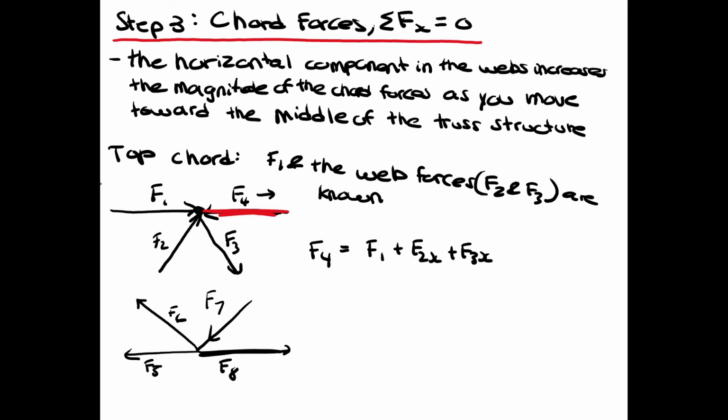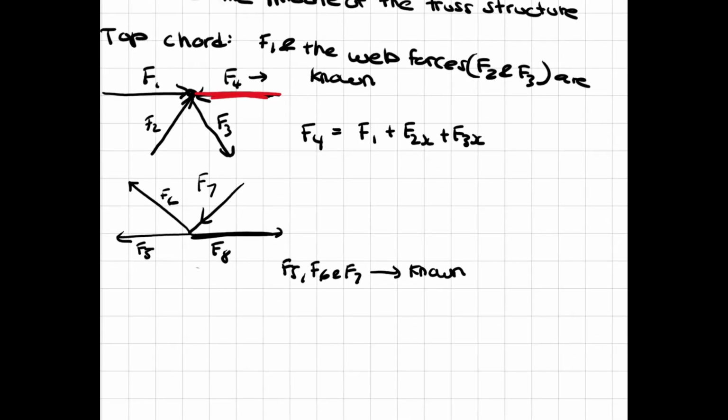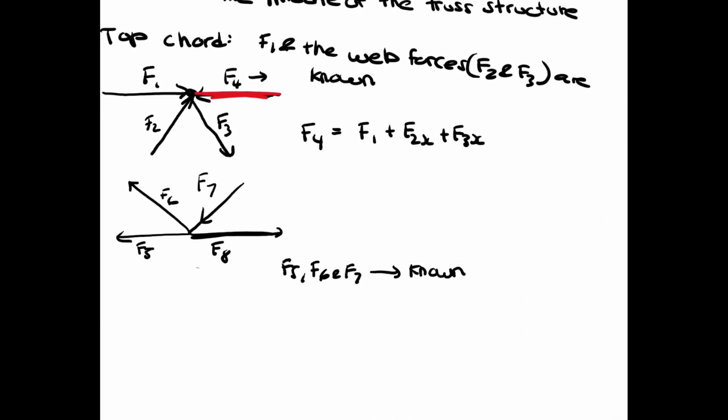Again, assuming this is the next chord over, and we've already solved for F5, F6, and F7, these are known. Then we could say that F8 is determined by the sum of F5 plus F6x plus F7x.